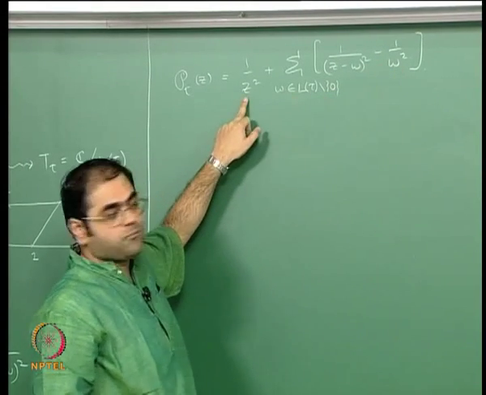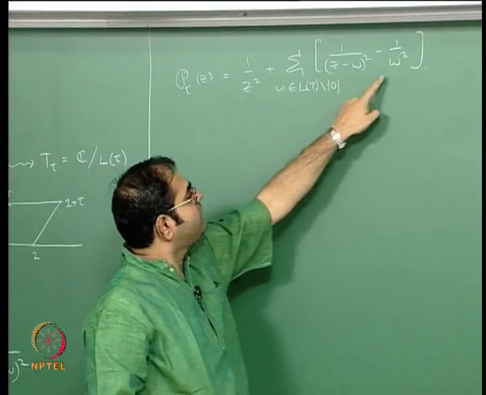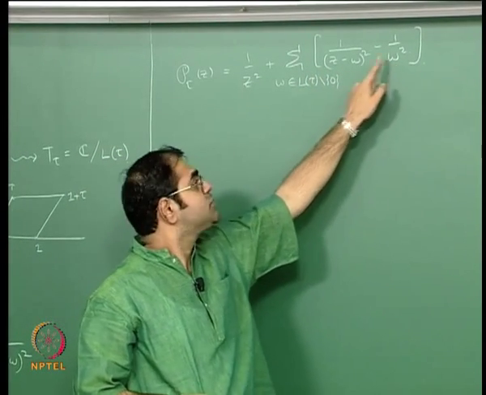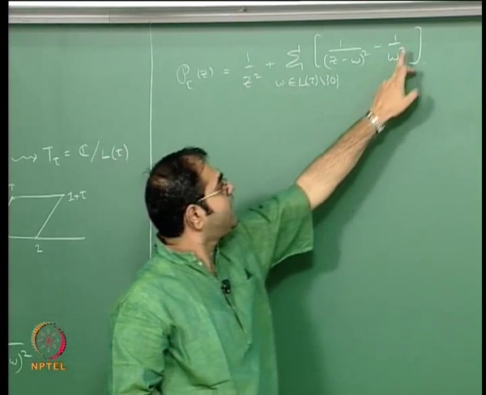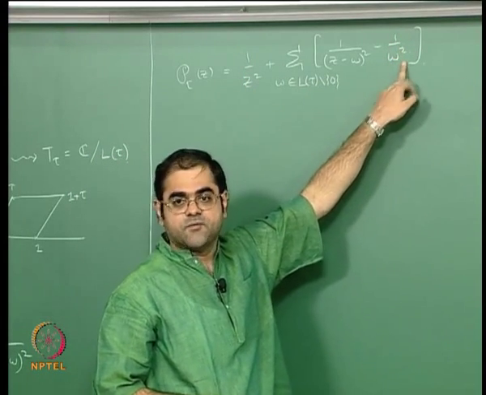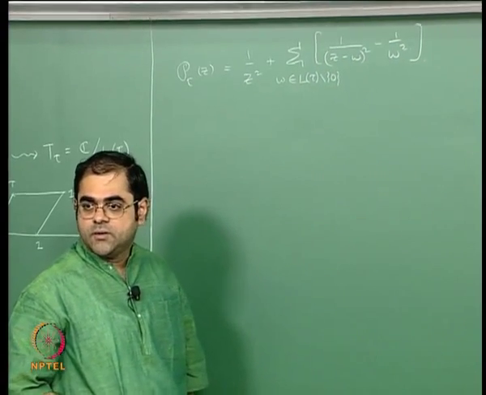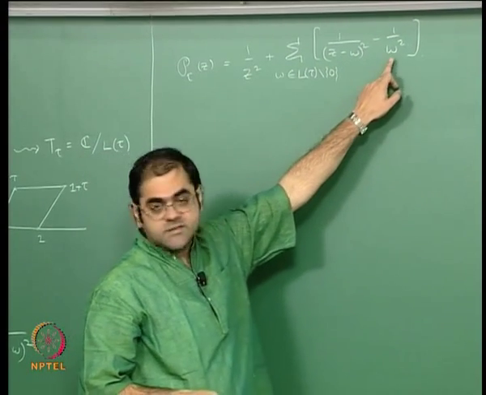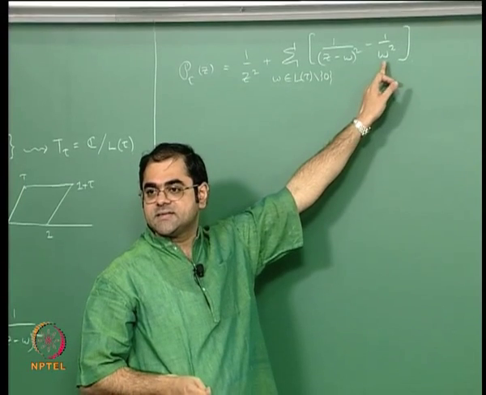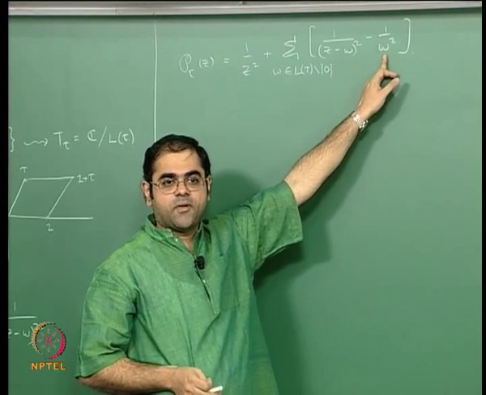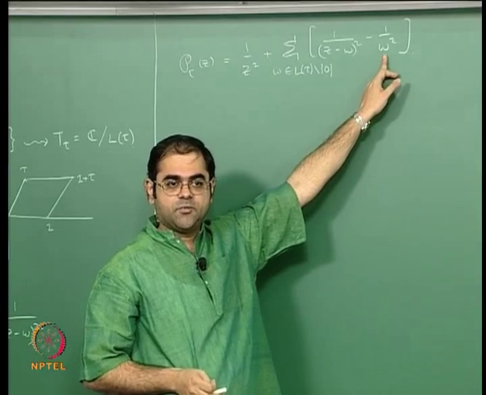So I had to pull the z squared out, and then I have taken out this contribution: as z tends to omega, this term becomes 1 by omega squared, and I have subtracted that here. Of course as z tends to omega this is going to go to infinity because it is a pole of order 2. But you will see very soon that this is very important to make sure that this converges at all points outside the lattice, and we will prove that.